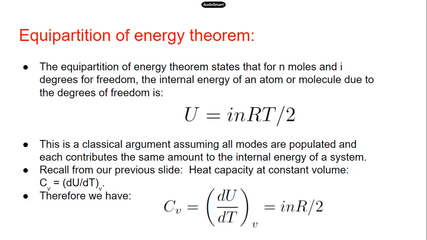This is assuming that all the modes are populated. What does that language mean? That means that I can add energy to any available mode or degree of freedom. You may think, well, that's obvious. But as we'll see in a little bit, there are some modes that at room temperature you can't add energy to, or at least there's a very low probability to add energy to them.